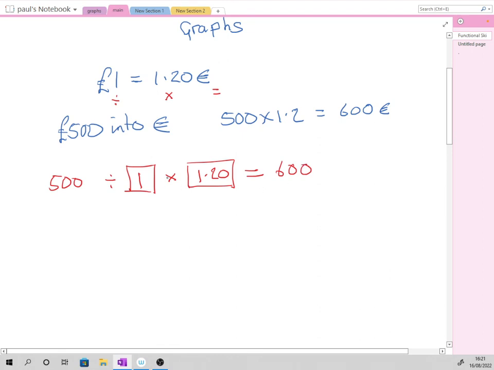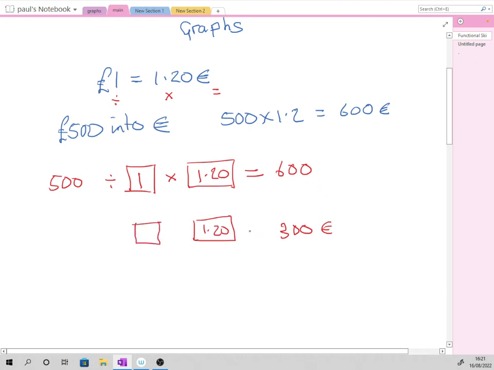Now, if we were doing it the other way around, say we've been on holiday, we've spent some money, and now we've only got 300 euros left. So we want to find out how many pounds 300 euros is worth. So we bring the numbers down again, 1.2 and 1.